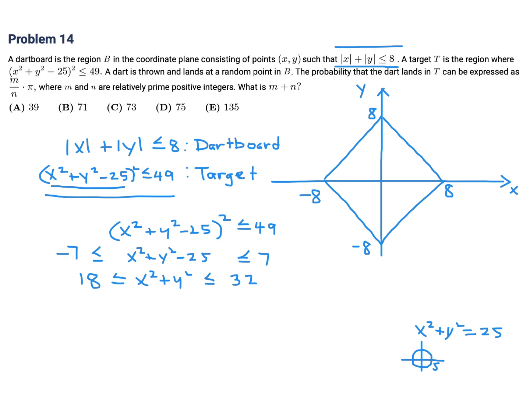Okay, so that basically means that the circle x squared plus y squared has got to be between a radius of root 32 and root 18.